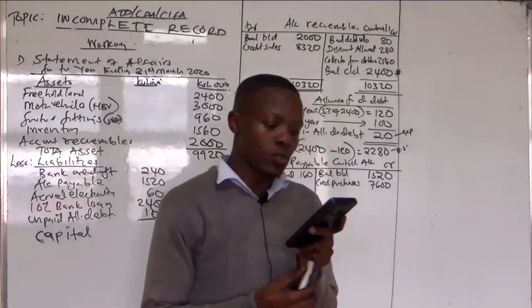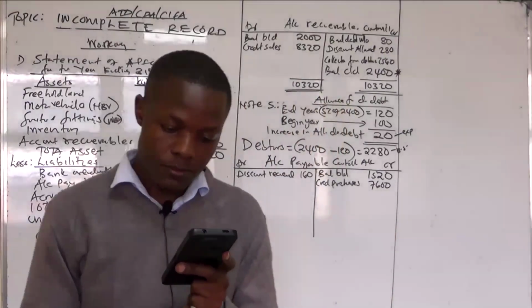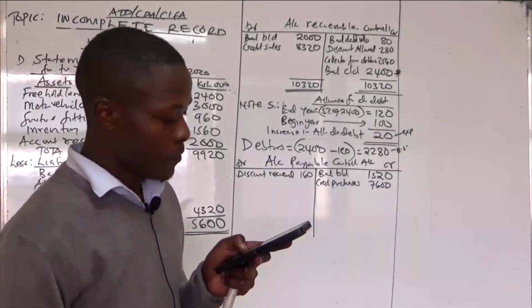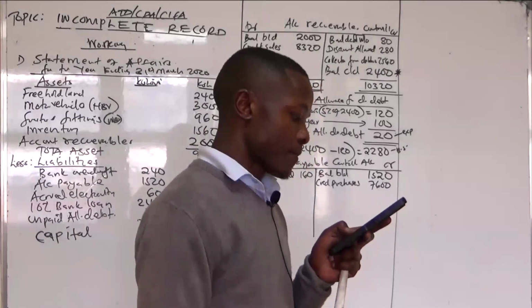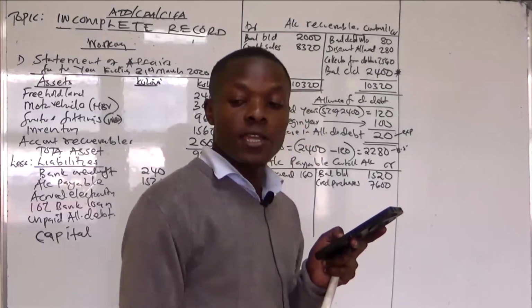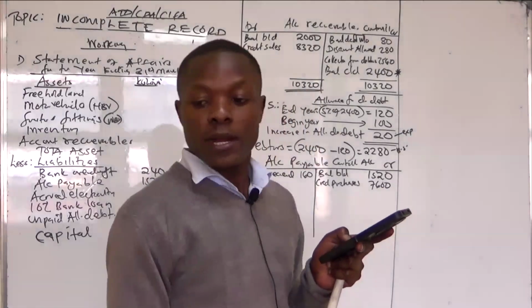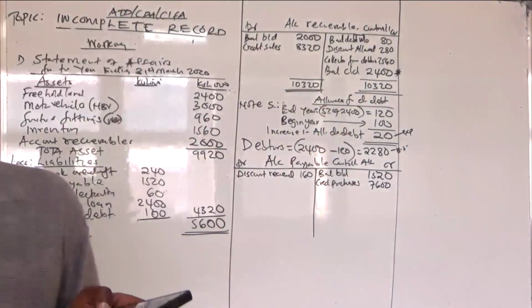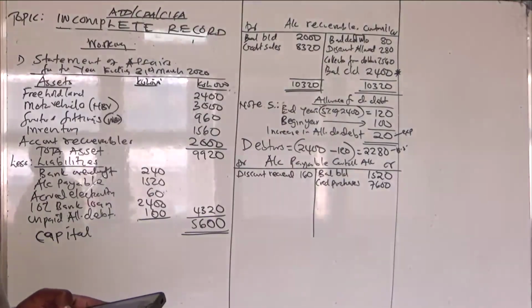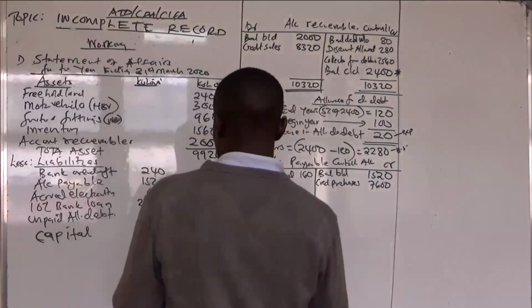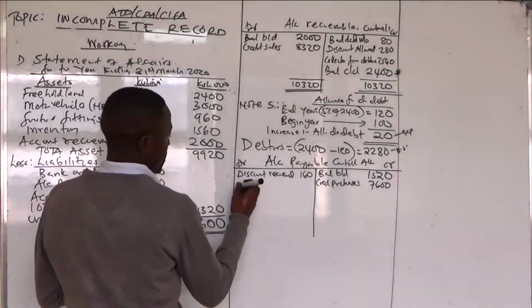Is there something we need to record? What do we need to record in that note number 2? Payment. Thank you, Christine. Payment to creditors.